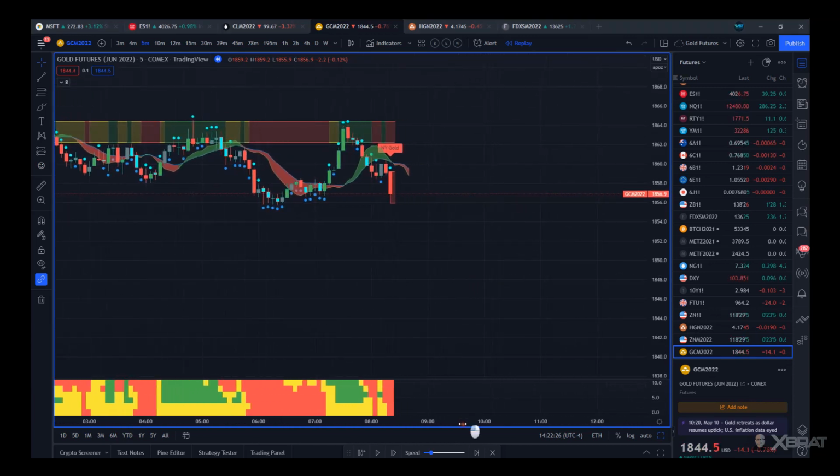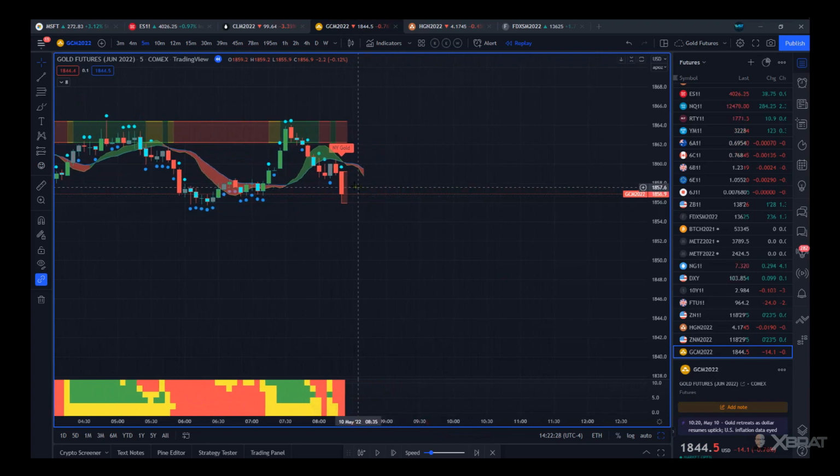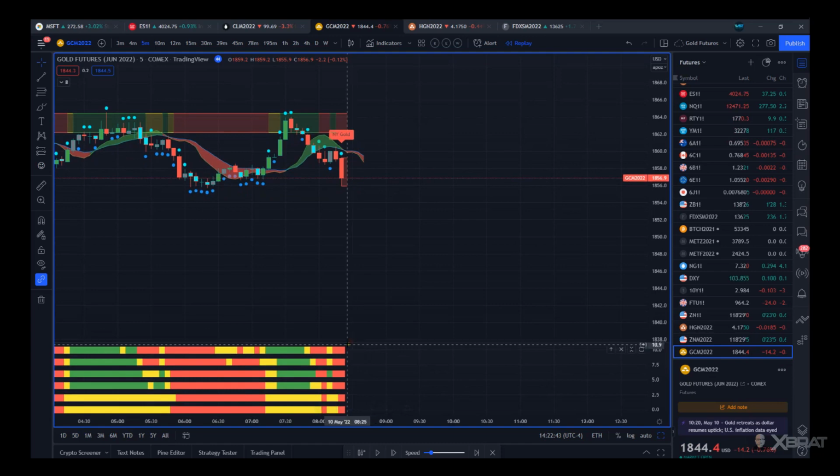So I'm going to replay today's gold pit open. As you can see, this is the opening range candle here on the 5 minute. The software has defined that range as red, it's bearish. We've got some great confirmation from the BIAS Depth Heatmap, that's 6 time frames going up from this 5 minute, all saying red, bearish.